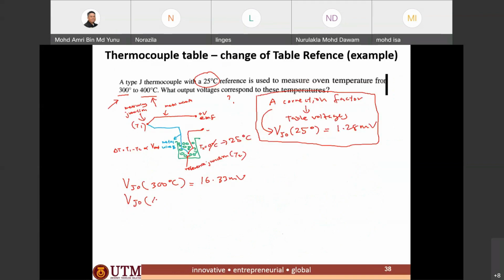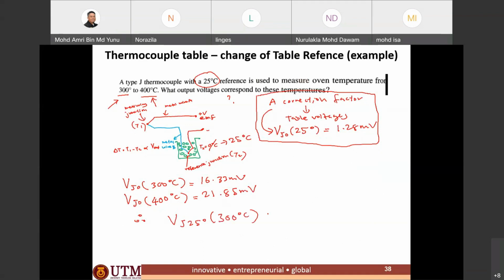We put 400. From the table you should get 21.85 millivolt.